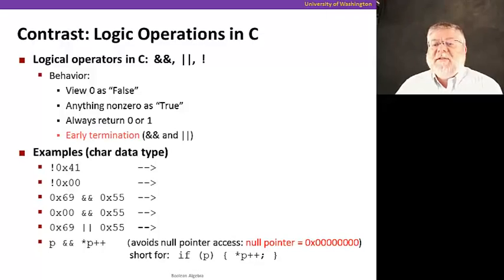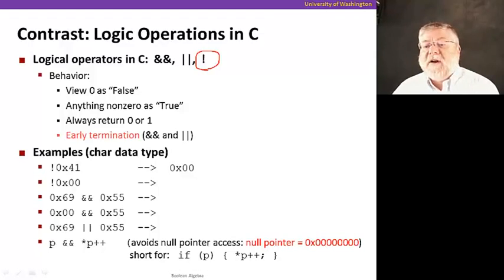Here's the complement. Again, this is now the logical operator, not the bitwise complement, so we're using a different symbol, the exclamation point or bang rather than the tilde. And so the complement of 41 is what we'd expect from our logic to be 0, false. You notice it's not the bitwise complement.